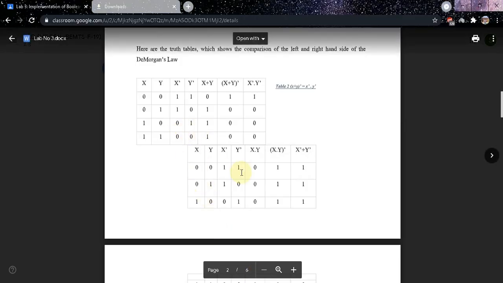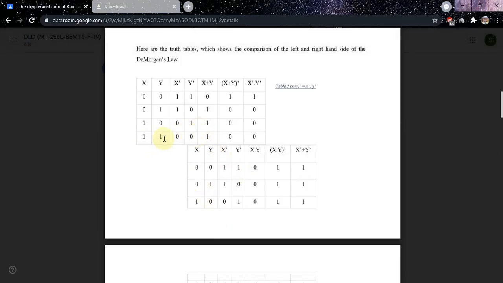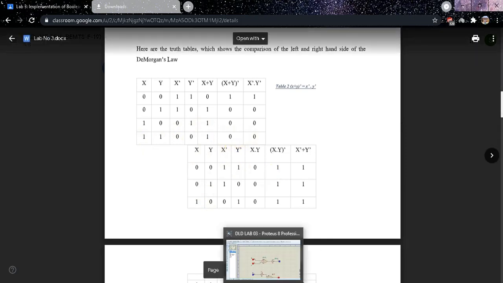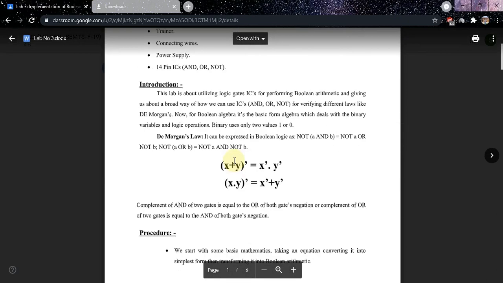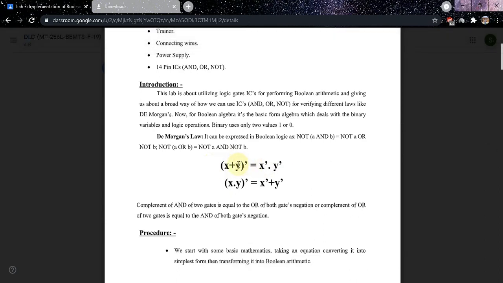In our truth table, 1 and 1 gave us output 0. So this was all of the left hand side of the equation. The first equation was basically this, and we simulated the left hand side only.